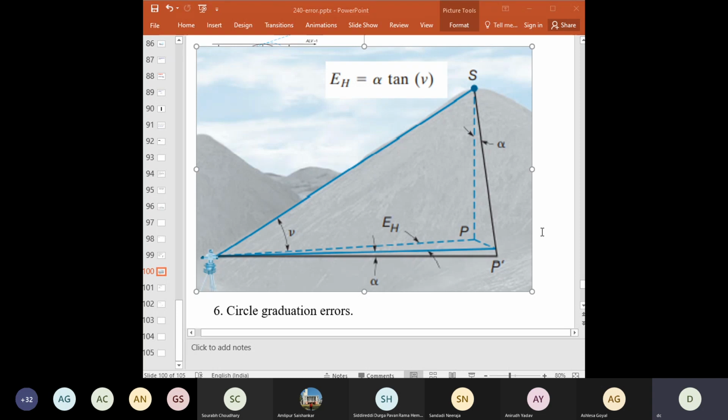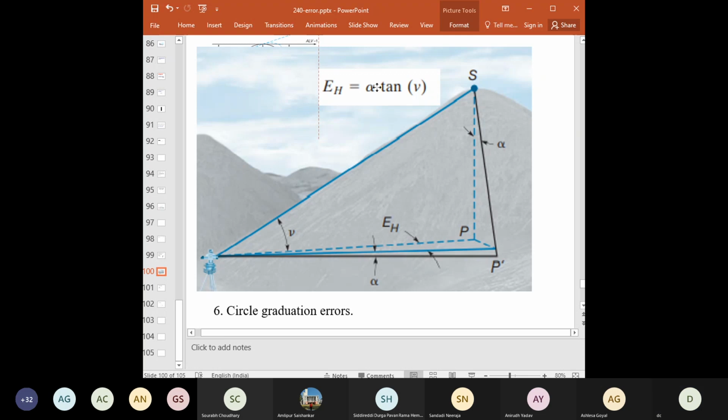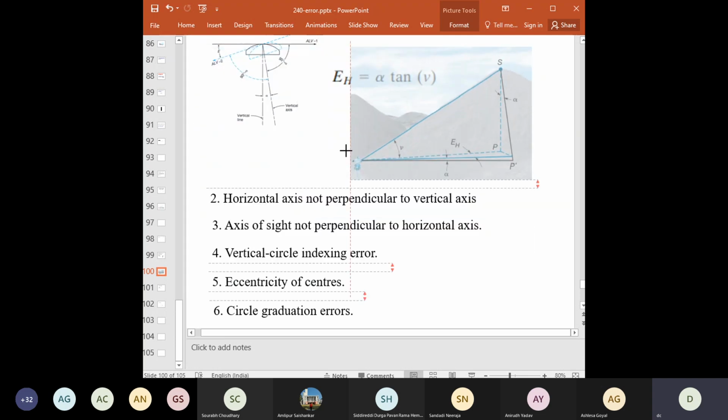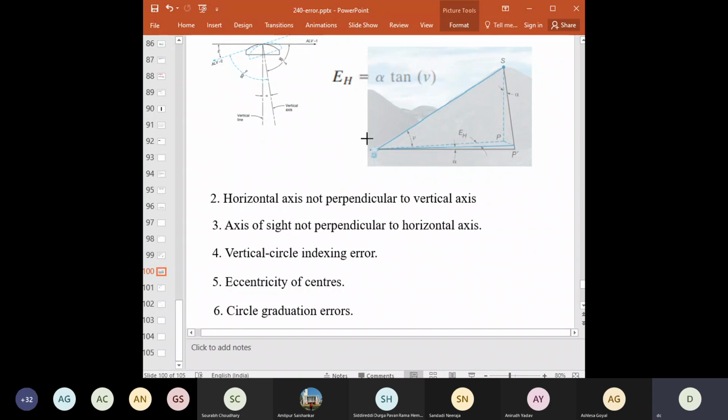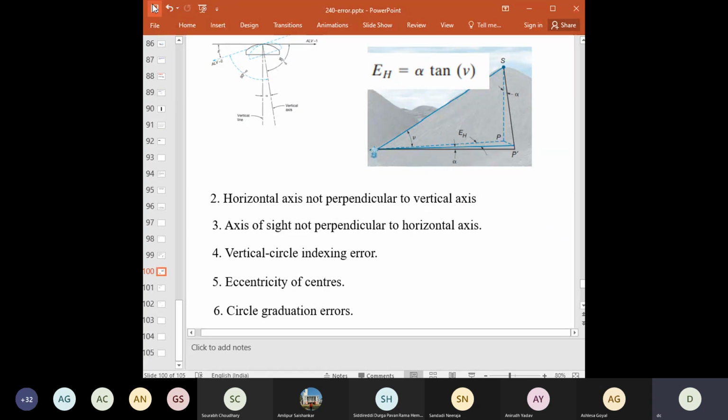We have EH as the horizontal angle error, which is related as alpha tan nu. And this nu is the altitude angle of point S. So once we know this, we can compute, or we can eliminate the horizontal angle errors to a much greater extent. Is it clear, Saurav?